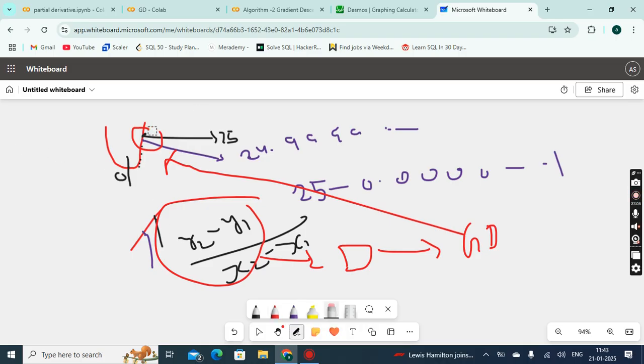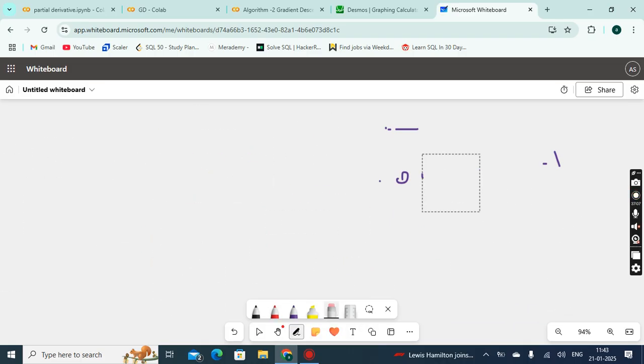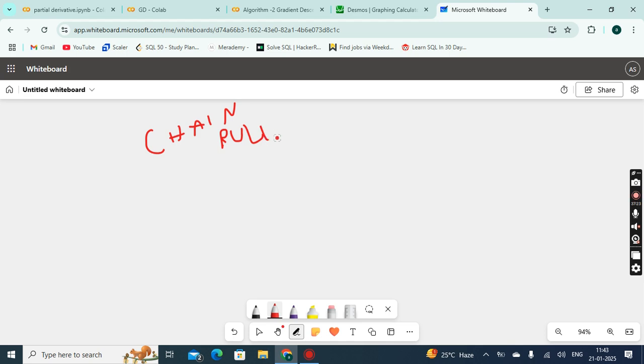Now, there is another concept known as chain rule. So why is this chain rule important?